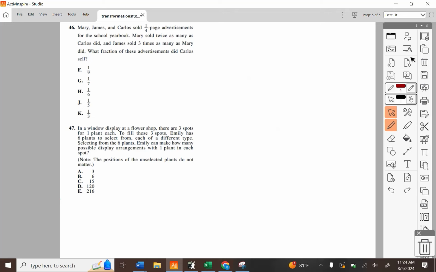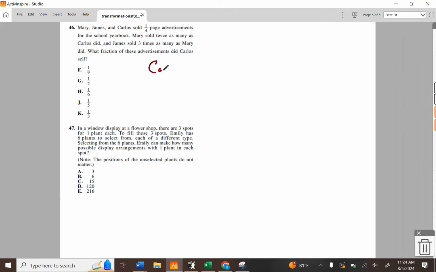This is a strategy I use all the time. It's literally call the smallest thing x. And the smallest thing here is Carlos. So Carlos is x. Now, Mary sold twice as many as Carlos, so Mary is 2x, and James sold 3 times as Mary, and if we do 3 times 2, we get 6x.